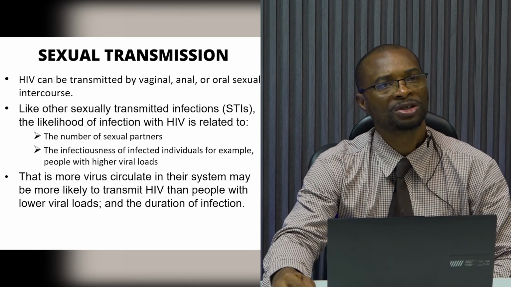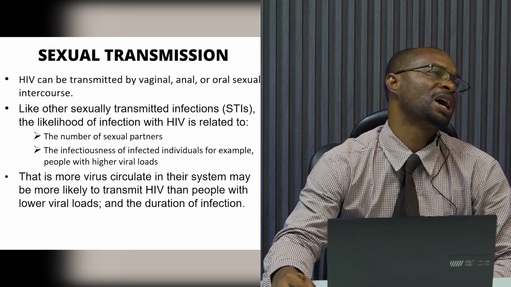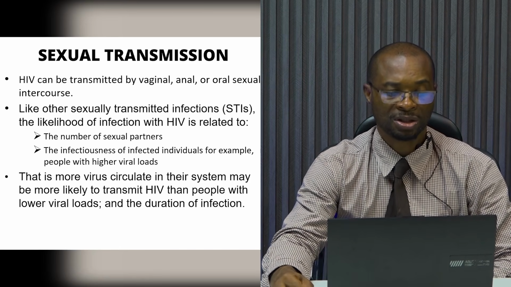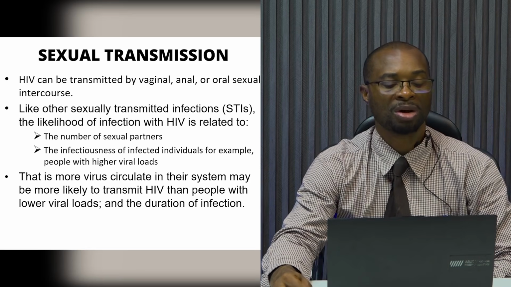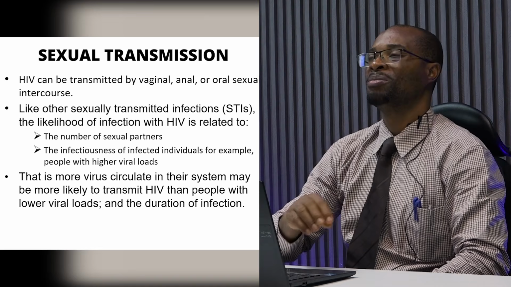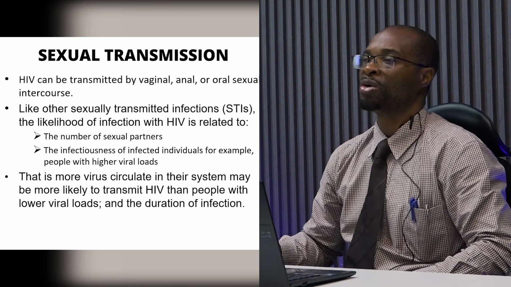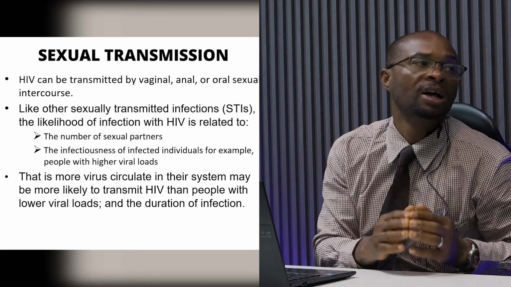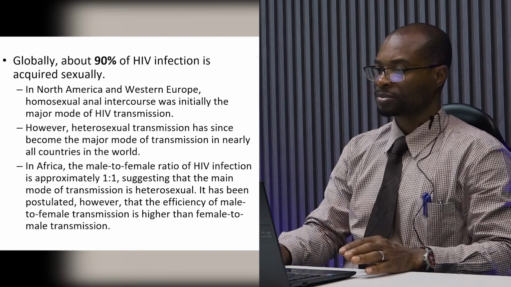You talk of infectiousness when people have high viral load. The virus circulates in the system more likely. The virus that circulates in the system is more likely to have more chances of infecting people compared to people that have a lower viral load.